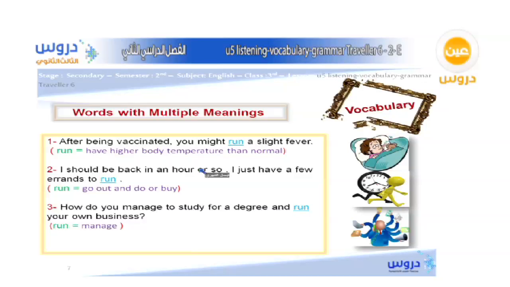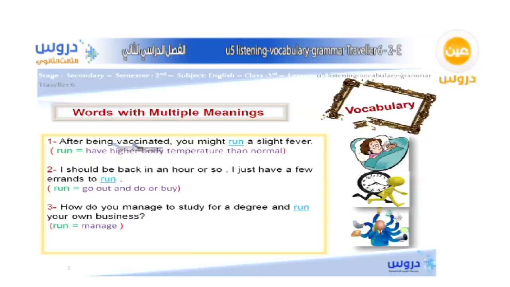Now we move from listening to vocabulary. As you can see, words with multiple meanings. We have one word, run, but with multiple meanings. Let us try to discover what the meanings of this word are.